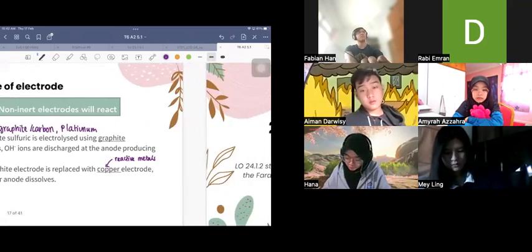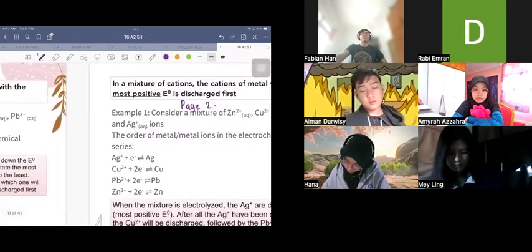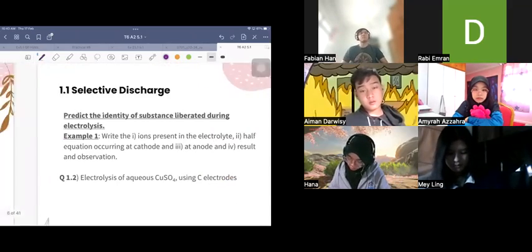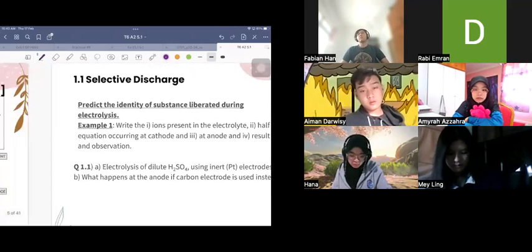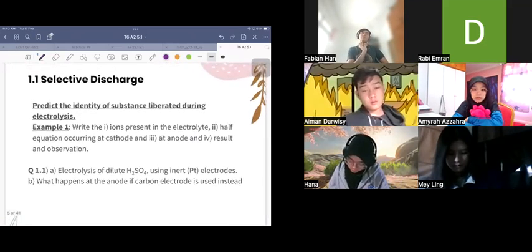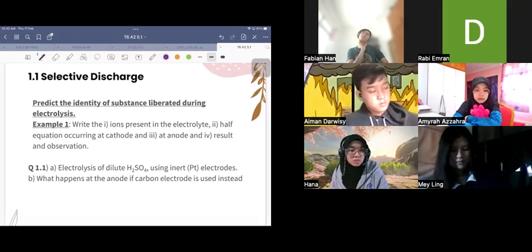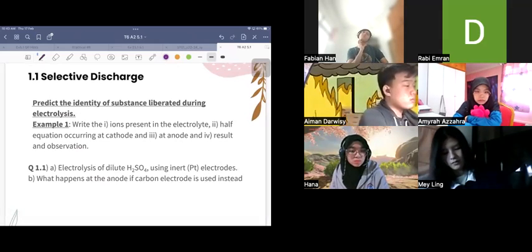Right. So we go back to page 1 to do the example, just to check that you still know what to do and you know the process. On page 1, question 1.1, example 1, you have to predict the identity of substance liberated during electrolysis. Write the ions present in the electrolyte.